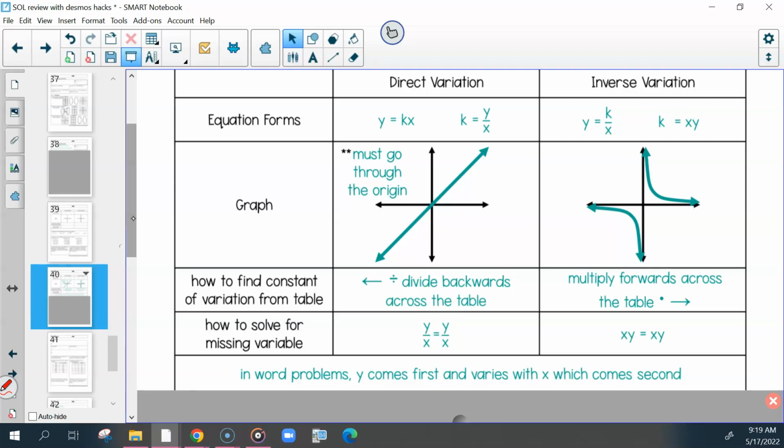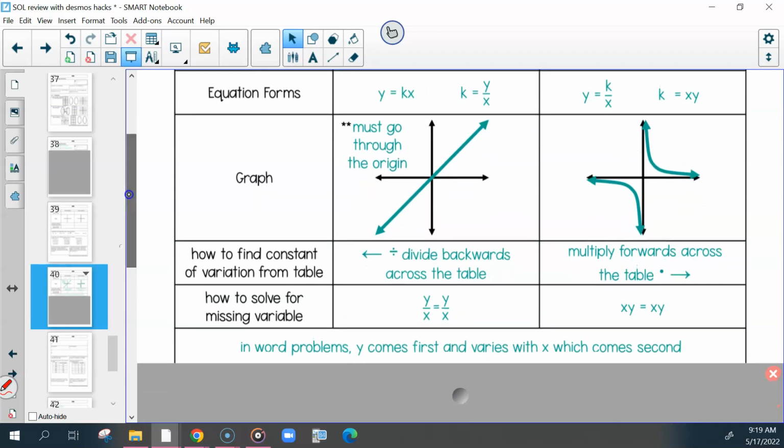To find missing variables, if you find your constant x times y, and then you put that back in, you can solve for whatever. And then the very last thing down here is talking about word problems. In word problems, y comes first and varies with x, which comes second, always. Now, the way it varies may be different, but that will always be the method.